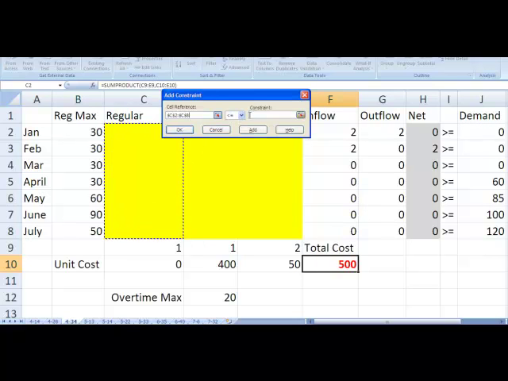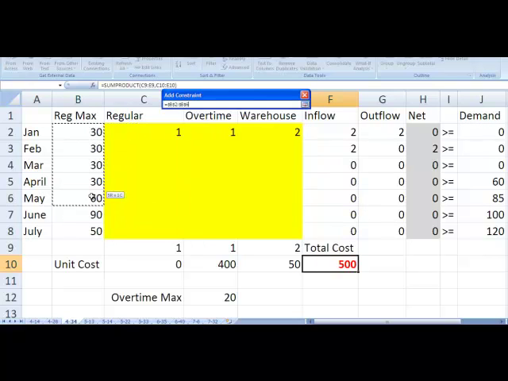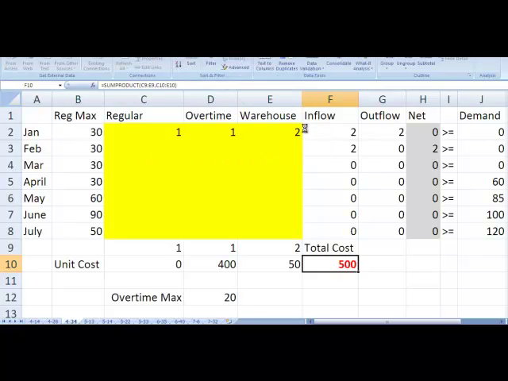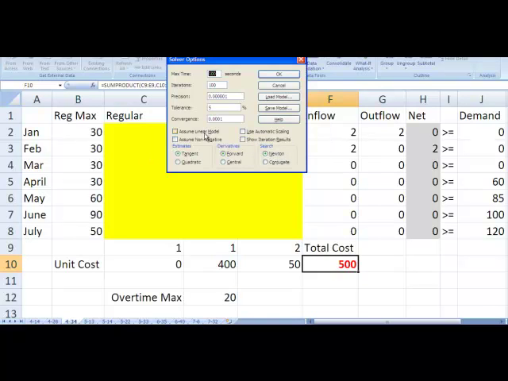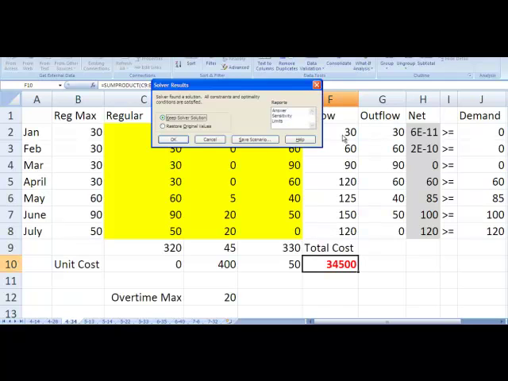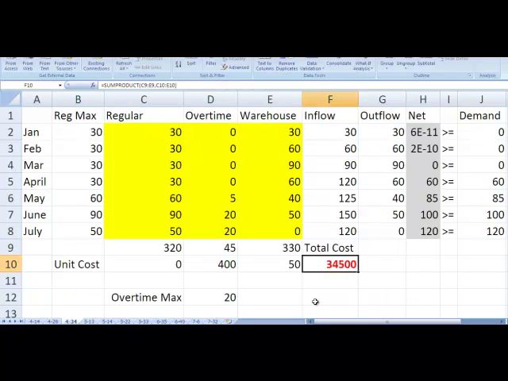Regular production has to be less than or equal to the capacity. Overtime production has to be less than or equal to the overtime capacity. Linear, non-negative, and I can solve my problem. I end up with a total cost of $34,500.